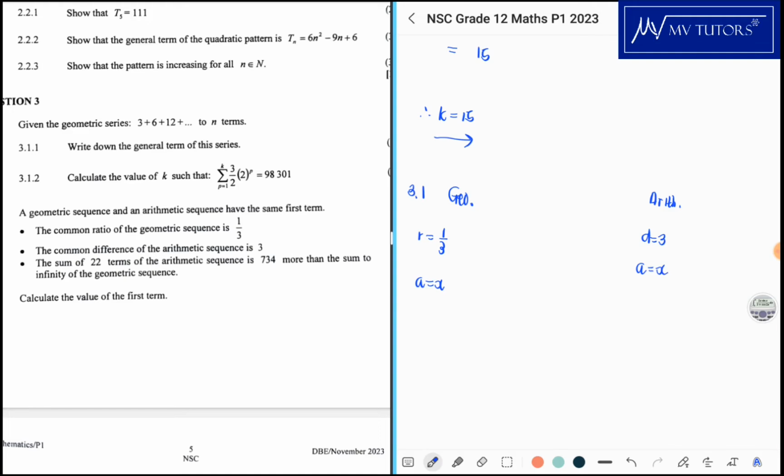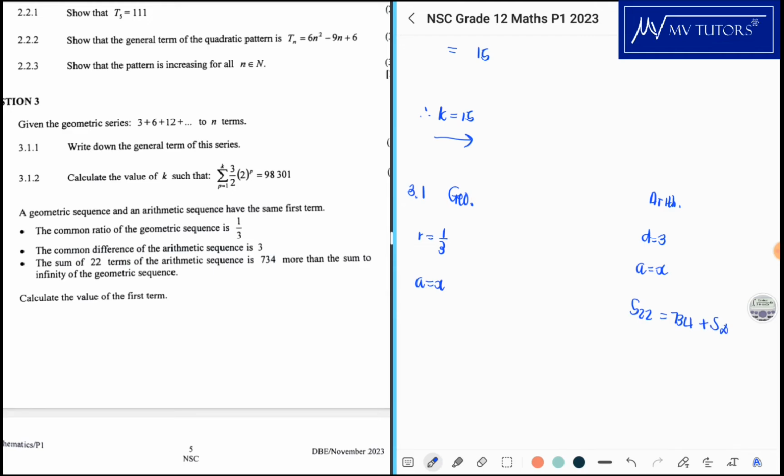Okay, now the third point, the sum of the 22 terms of the arithmetic sequence. Okay, so S22 of the arithmetic sequence is equal to 734 more than the sum to infinity of the geometric sequence.